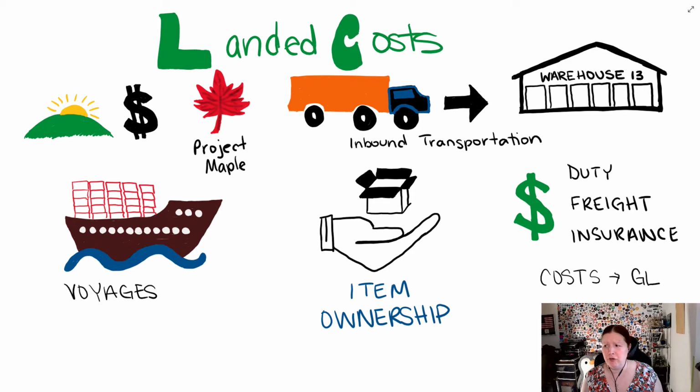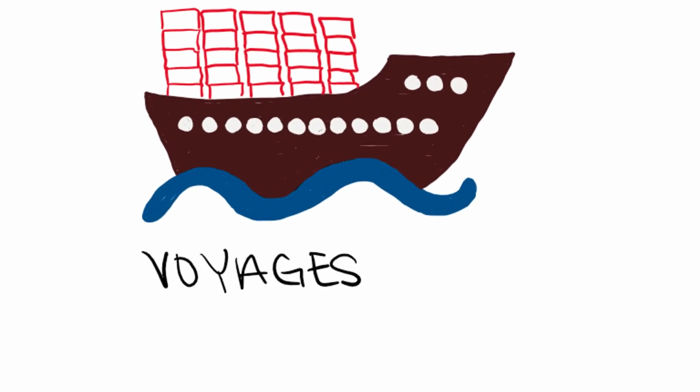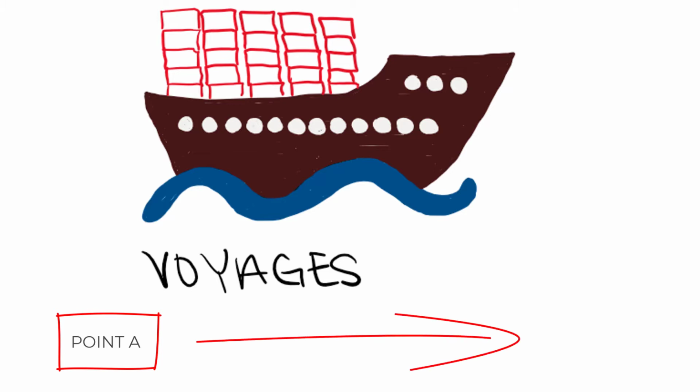Now, there are 4 key things that you can use this new landed cost module to do. First is estimating the landed costs at the time of voyage creation. Now you might be going, what's a voyage? Well, in landed cost, a voyage is a distinct movement from an outbound location through a specific set of destinations over a specific time period to a specific inbound warehouse location.